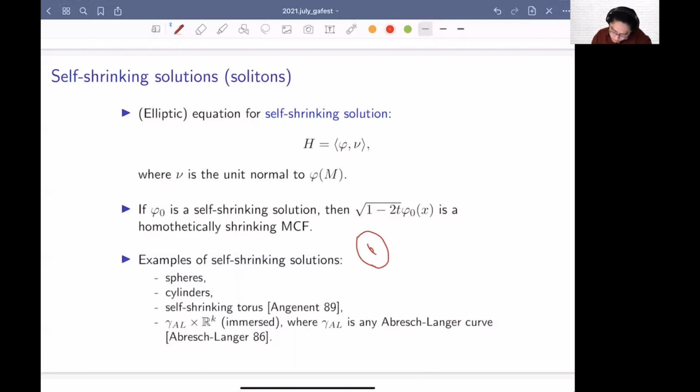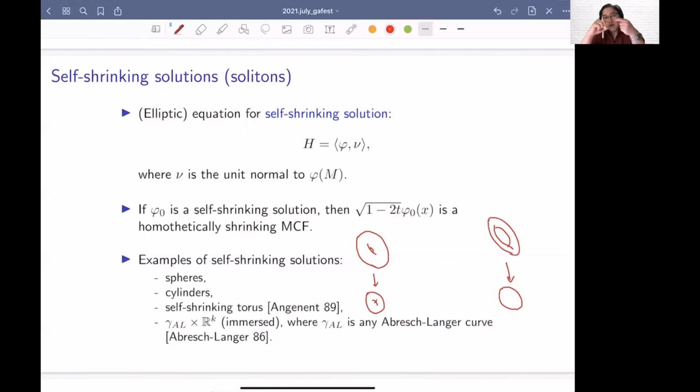Then, under the flow, it's trying to fill the hole in the middle. Now, suppose the torus is sort of skinny, looks like a ring. Then, due to the small S1 factor, it's going to shrink down to a circle, right?